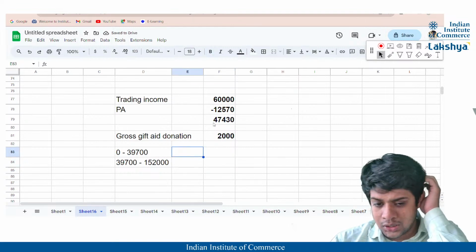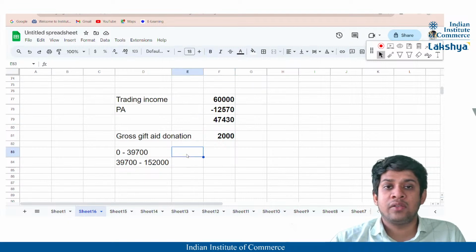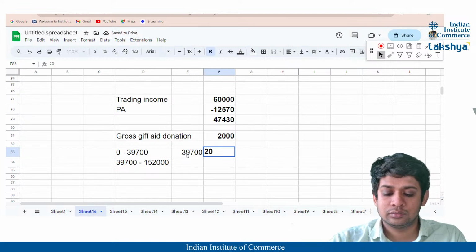Now, her total income is 47,430. So till 39,700, she will be charged 20% tax.